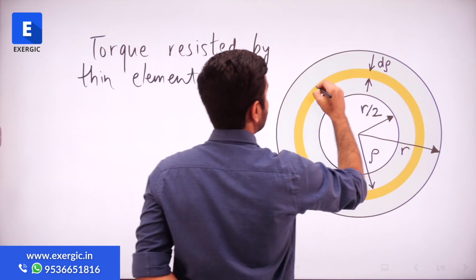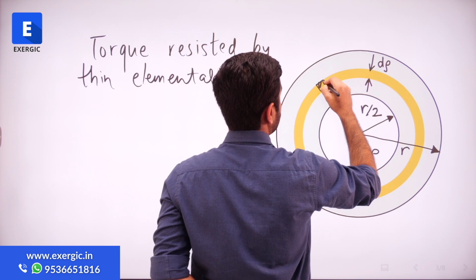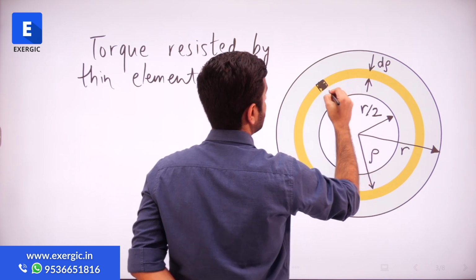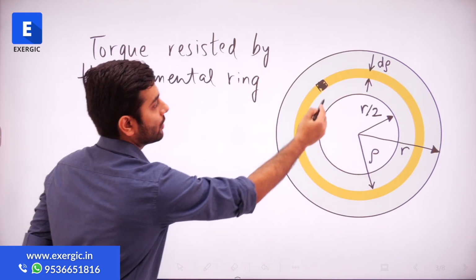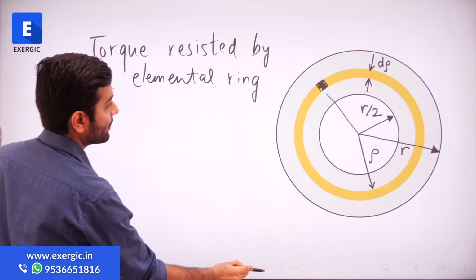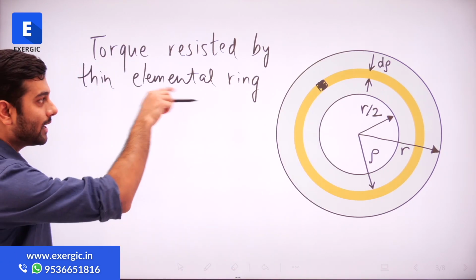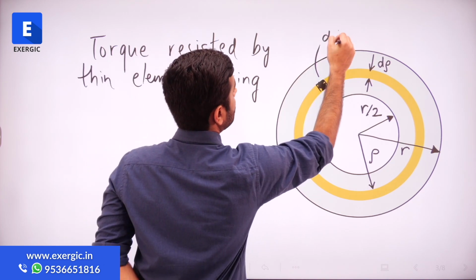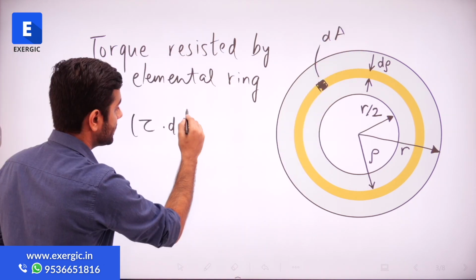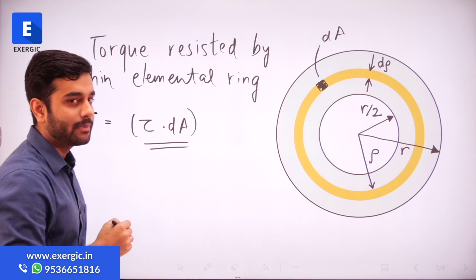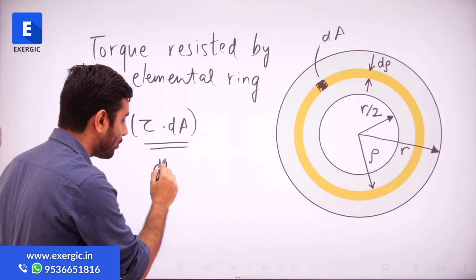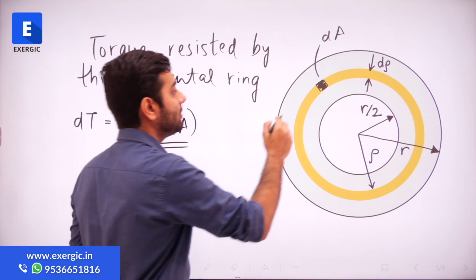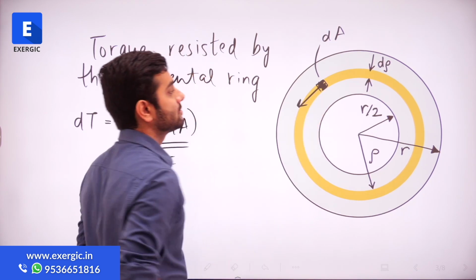For that I will consider any small area dA on this ring, right? Obviously that is also at a distance of rho. How much will be the torque resisted by this small area dA? So what is this expression giving me? This expression is giving me the small force dF that will be resisted by this small area.